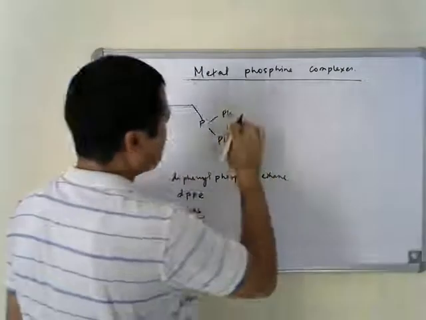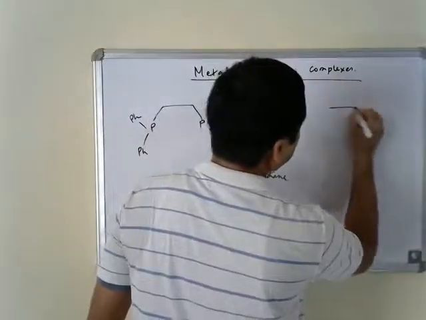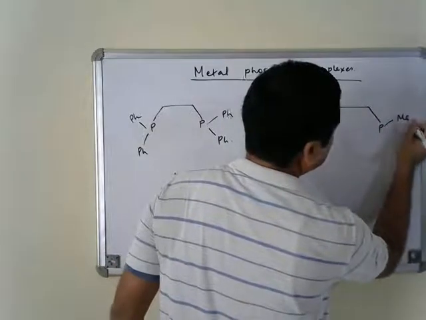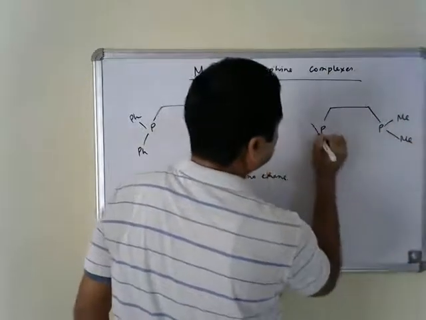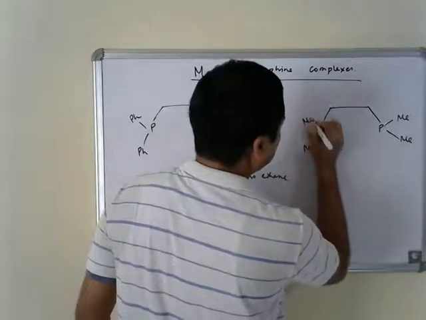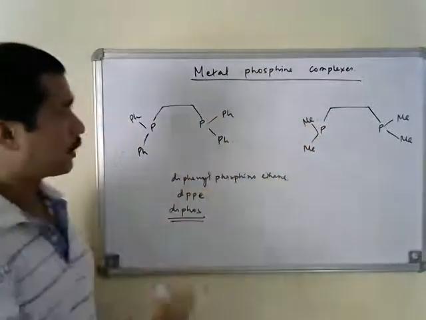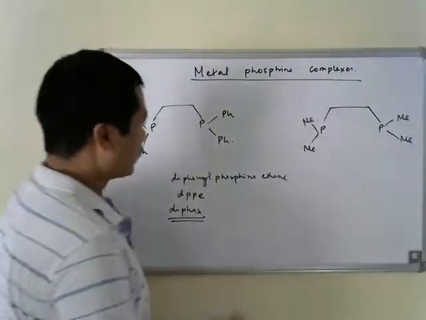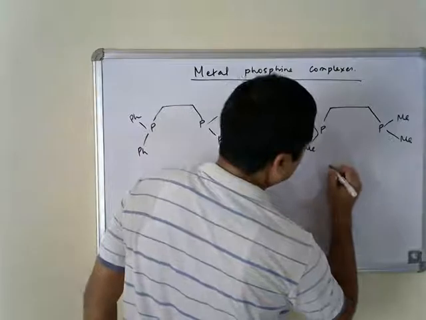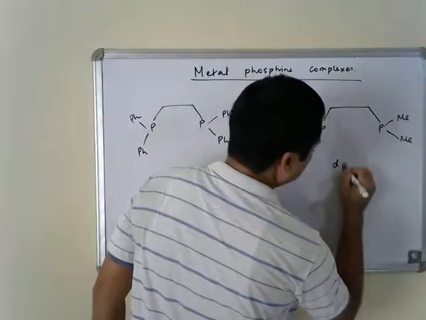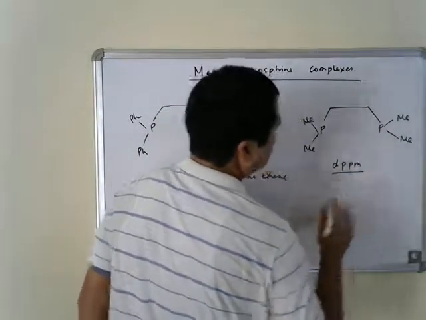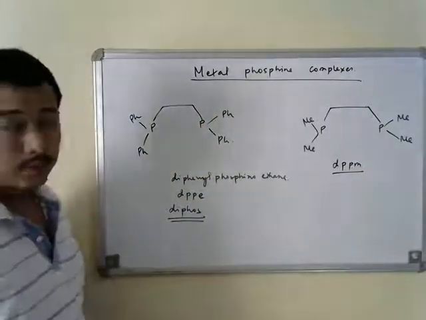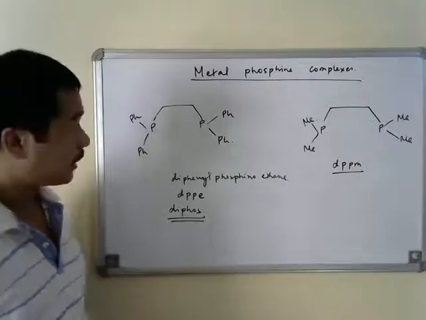You can change the substituents on the phosphorus atom here and then obtain a different diphos ligand. Instead of phenyl substituents, you can also use methyl substituents on the phosphorus, and then it is dimethyl phosphinoethane, or in short DMPE. There are also such bisphosphine ligands which are chiral.